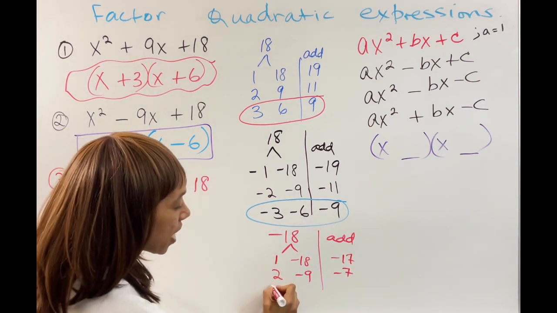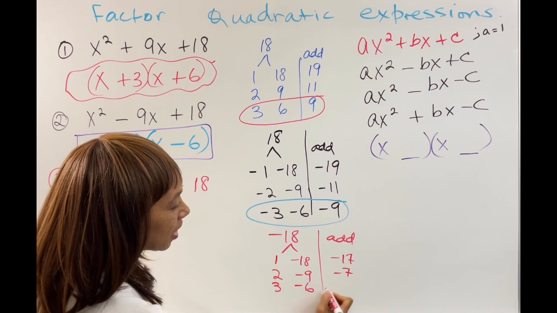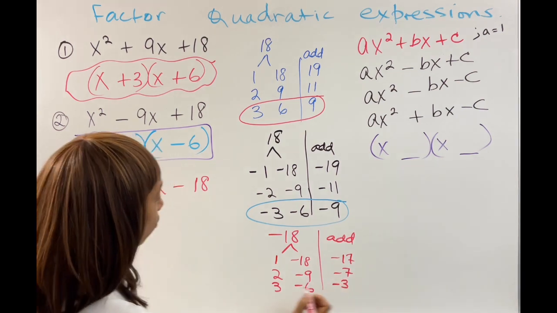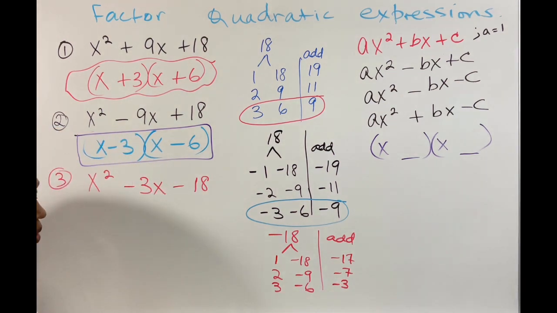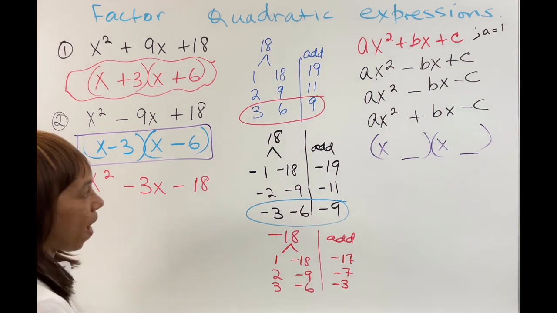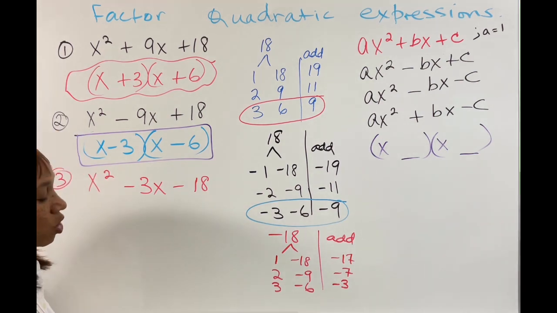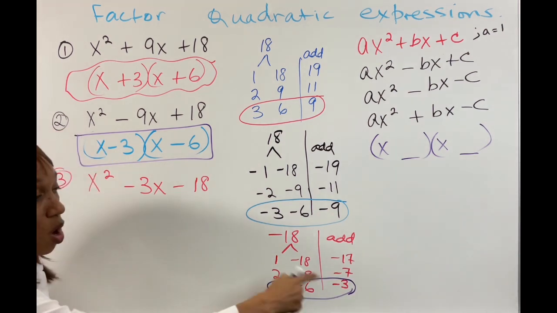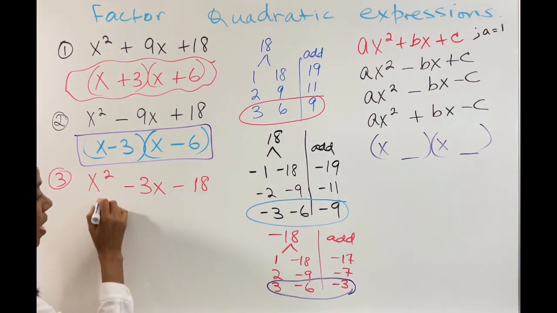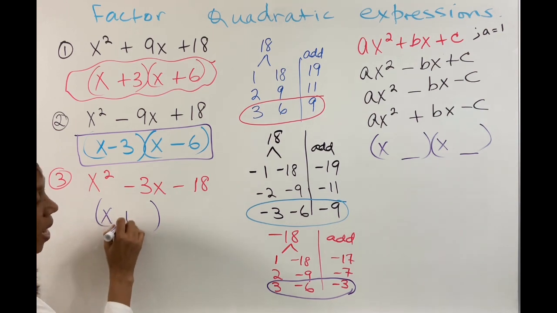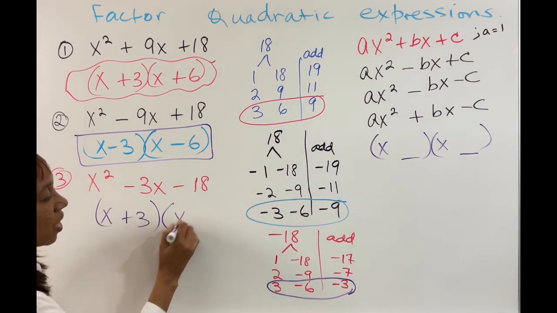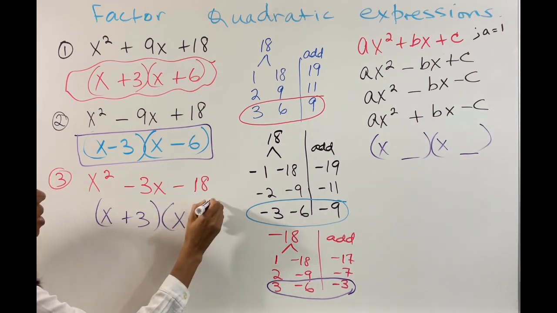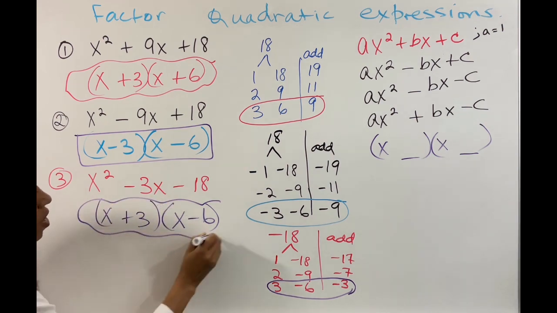So my next one is 3 and -6, and that is going to give me -3. So then I know that that is the set of factors that I will use to write for my factors here. And I will draw a circle around my factors, and I will write it as x plus 3 and x minus 6. And that is my factor for this one.